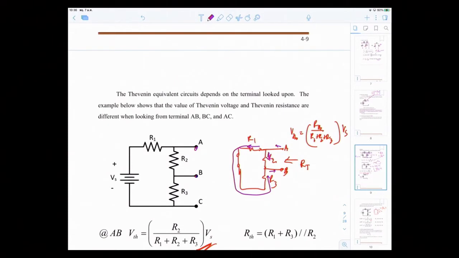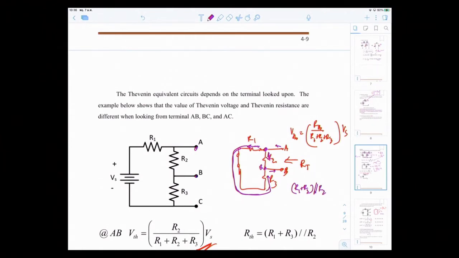The current that goes through R1, the same current goes through R3 also. So that means R1 and R3 are in series. And R2, between node A and node B, is connected in parallel with R1 plus R3.